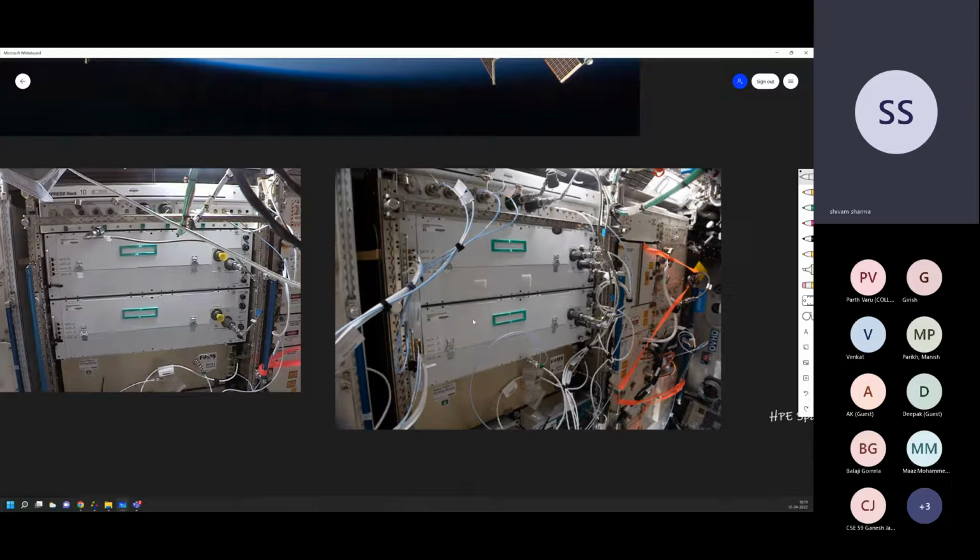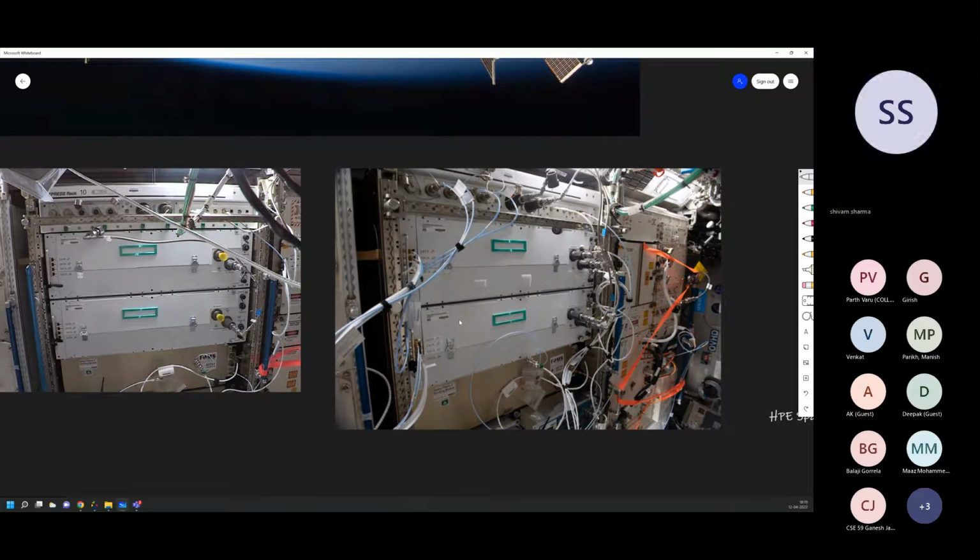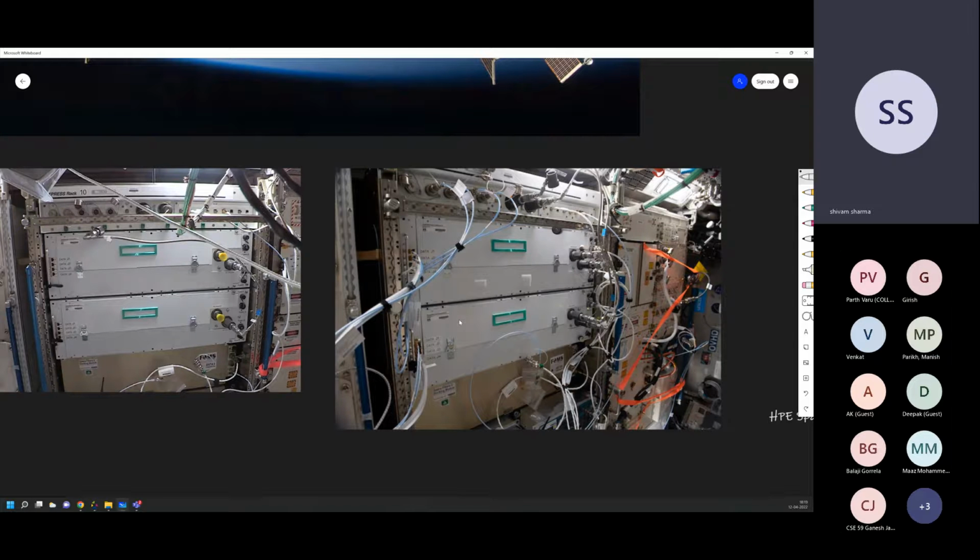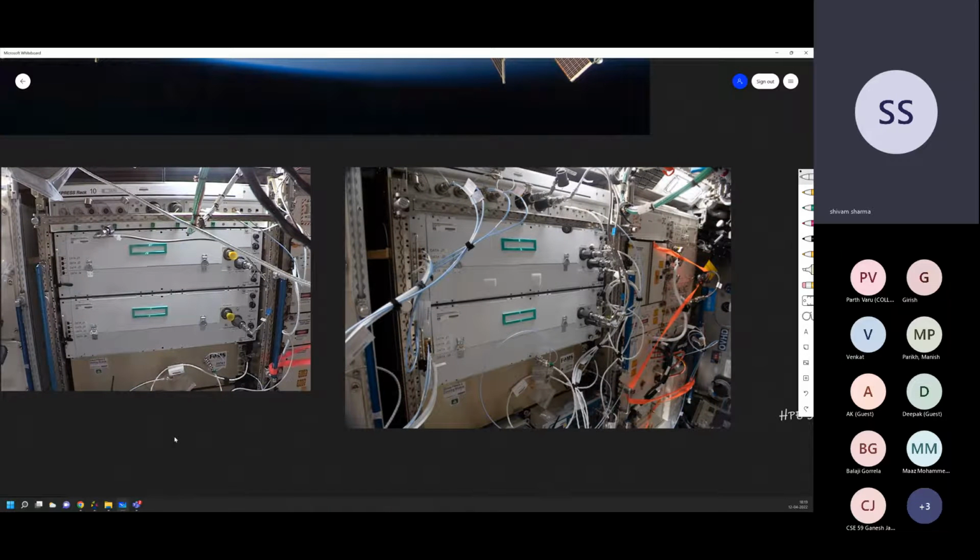An FYI, this image is of the ceiling inside the space station, because there is weightlessness there, so you can put things on the ceiling also.